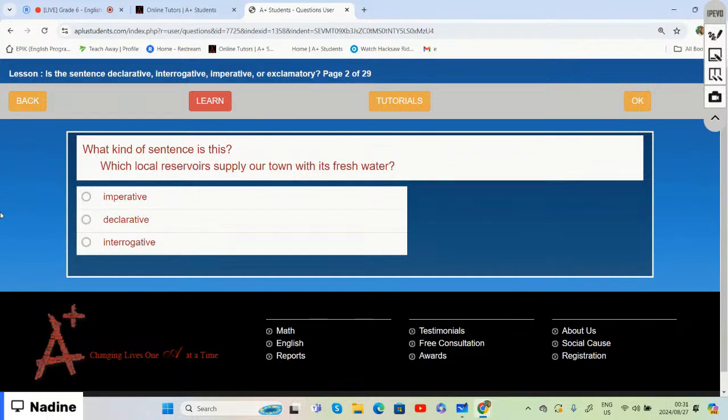So we need to say what type of sentence it is. Option one, option two, or option three.